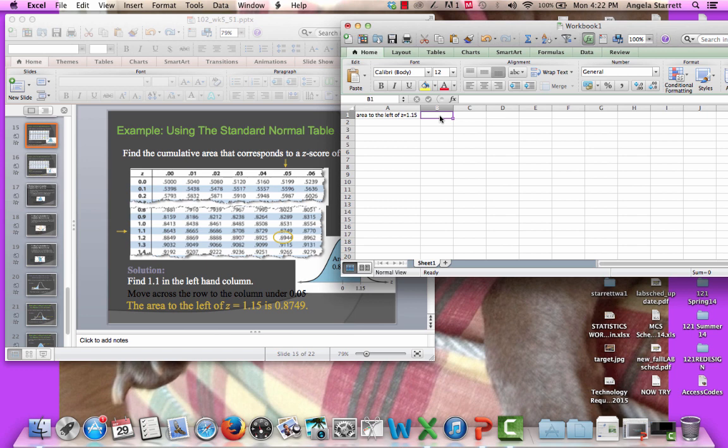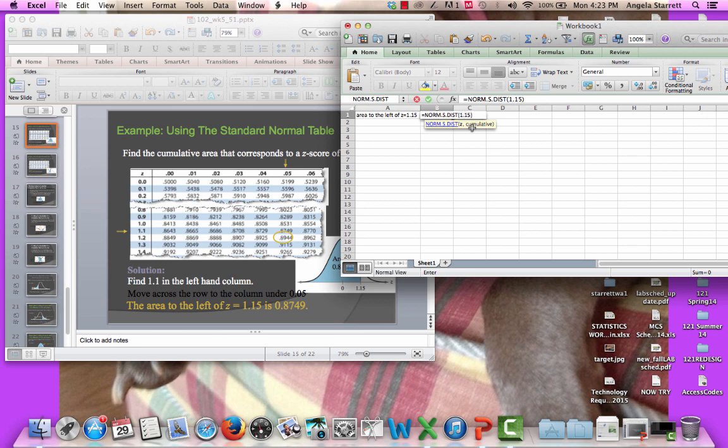We have a function in Excel, and you see it just popped up here, norm.s.dist. That's telling me to get the area under the standard normal distribution. We have to input a z-score, and then say comma true, meaning we want it to be cumulative.